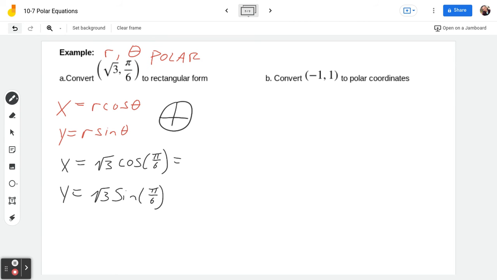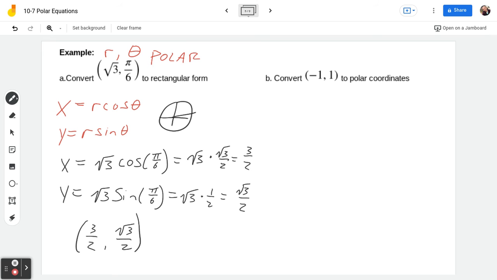Cosine of pi over 6, the x value, is radical 3 over 2. So we get radical 3 times radical 3 over 2, which is 3 over 2. For y, we get radical 3 times one half, so radical 3 over 2. So to go from polar form to rectangular form, my new ordered pair is (3 over 2, radical 3 over 2). Hopefully that's not too bad.